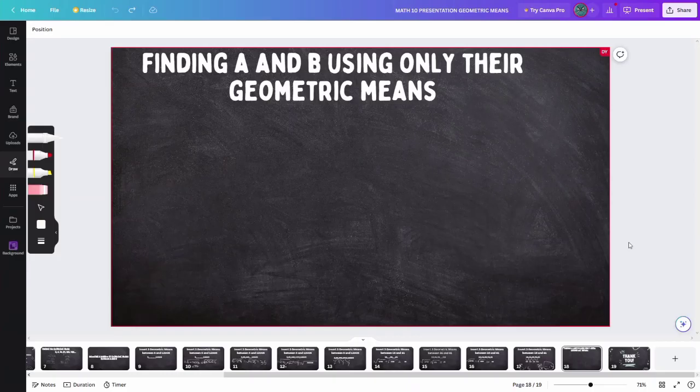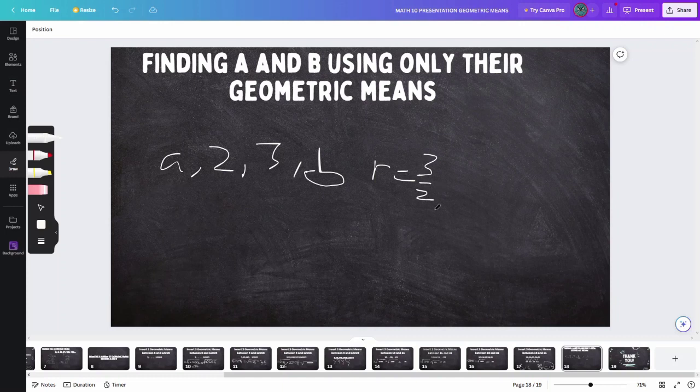Good day! My name is Liam Yael Inlong, and today I will be discussing finding A and B using only their geometric means. Now let's say the geometric means of A and B are 2 and 3 respectively. So that makes it A and B. And the common ratio would be 3 over 2.